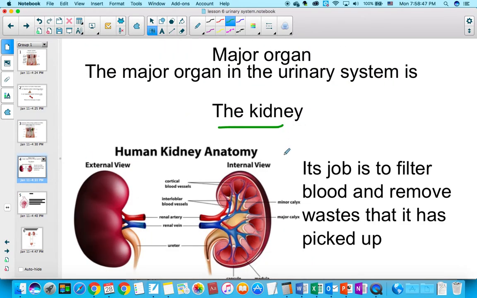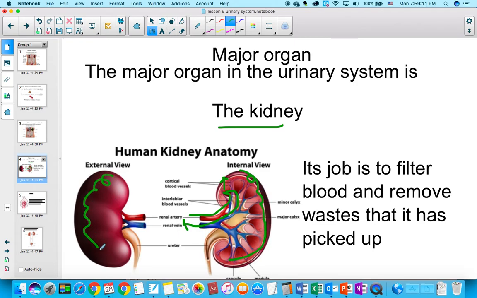Its job is to filter the blood and remove wastes. Blood moves in, it goes through this complex thing. I'm not going to tell you what it is, you don't need to know it. It goes through all that stuff, gets all the gross stuff out, all that waste out, goes into the veins and leaves.